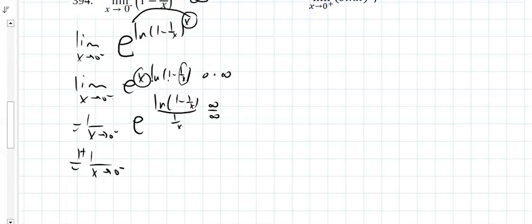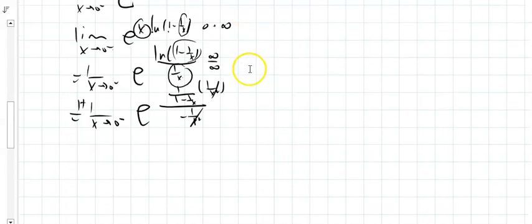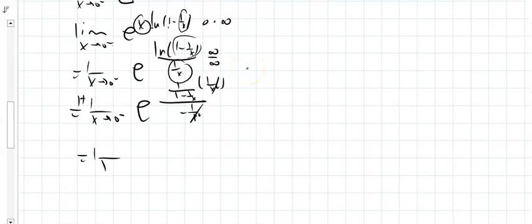Of e, the derivative of the top is 1 divided by 1 minus 1 over x, times the derivative of this, which is 1 over x squared. The derivative of 1 over x is negative 1 over x squared. Those cancel out, and I am left with the limit as x approaches 0 from the left of e to the negative 1 divided by 1 minus 1 over x.